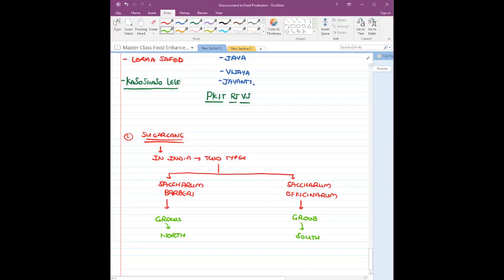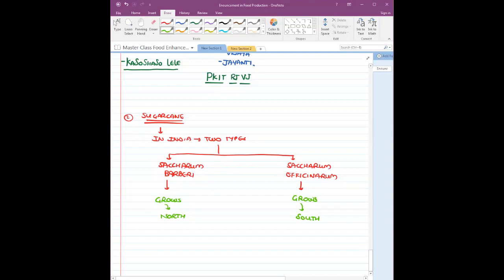But now you know what, guys? Both of them have different contents altogether. Let's try to understand. First, Saccharum barberi has not so good yields, it is average.